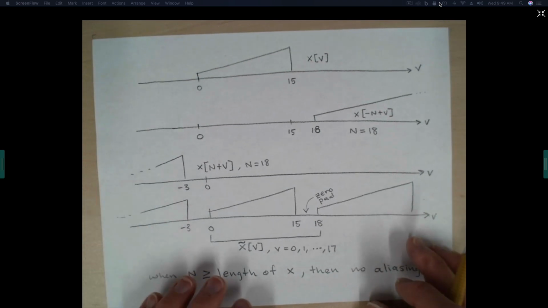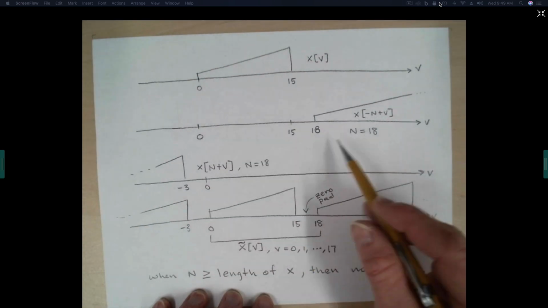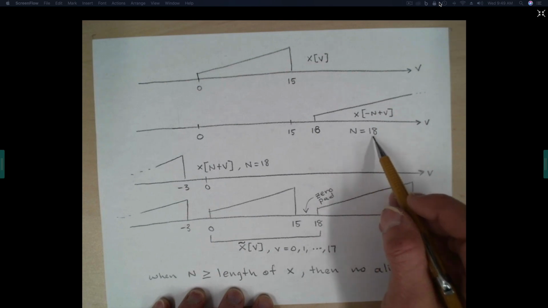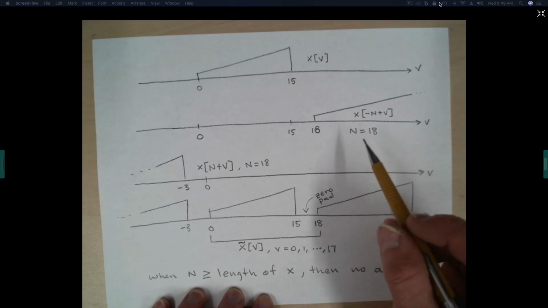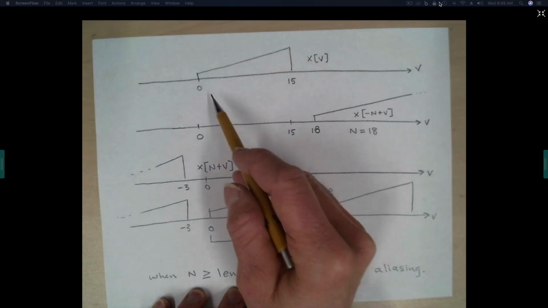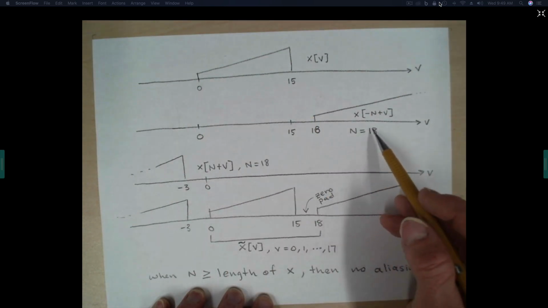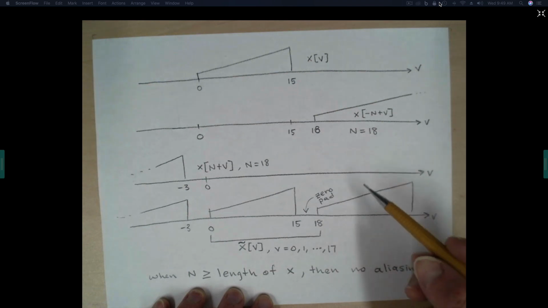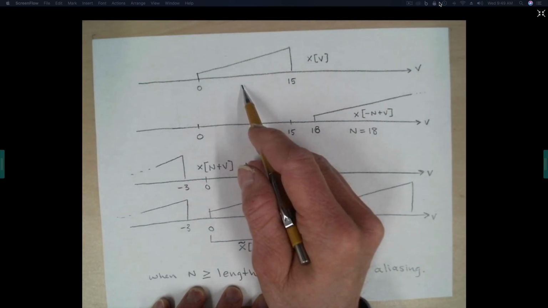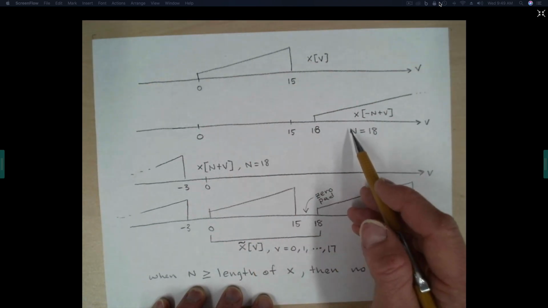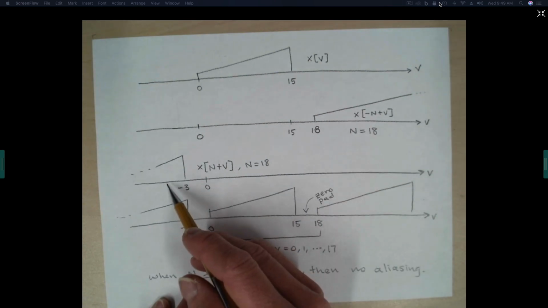So here, same example, but in this case I'm setting N equal to 18. So we have a sequence that's length 16, and I'm letting N be 18. So here's the base replica, here's the replica shifted to the right by 18, here's a replica shifted to the left by 18.